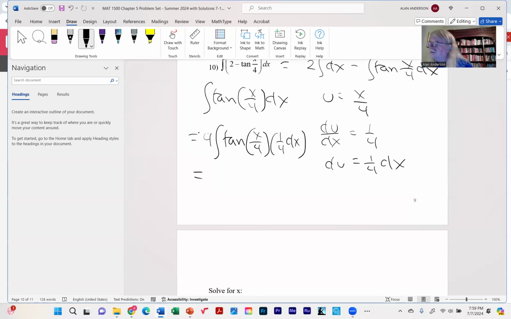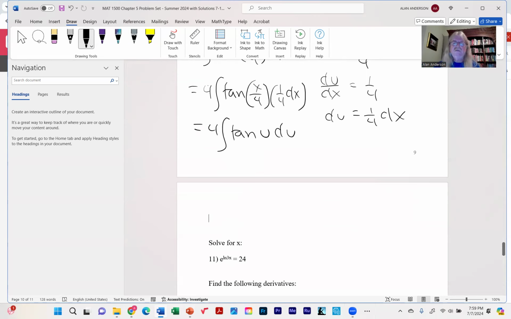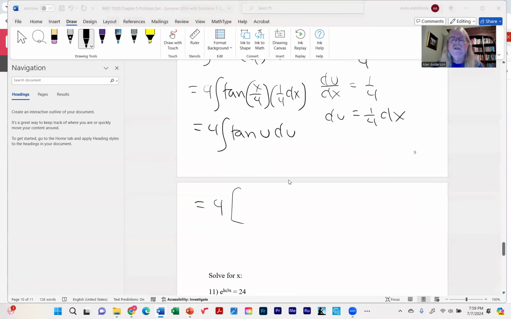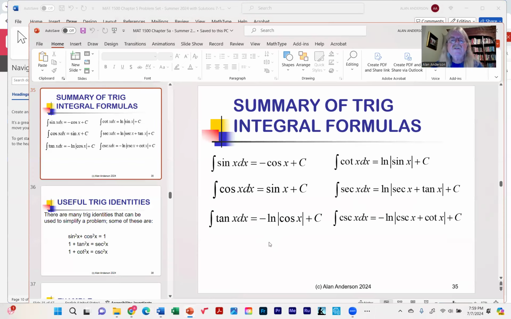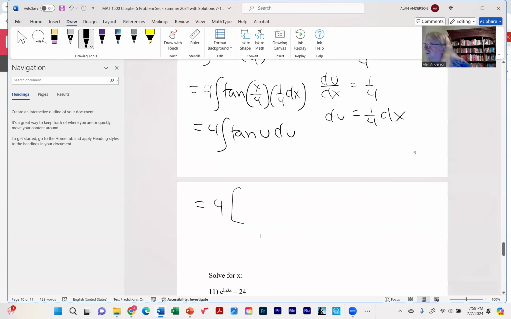And so what's good about this is I now have 4 integral tan u du. And what does that give us? Tangent u brings us to negative log absolute cosine.